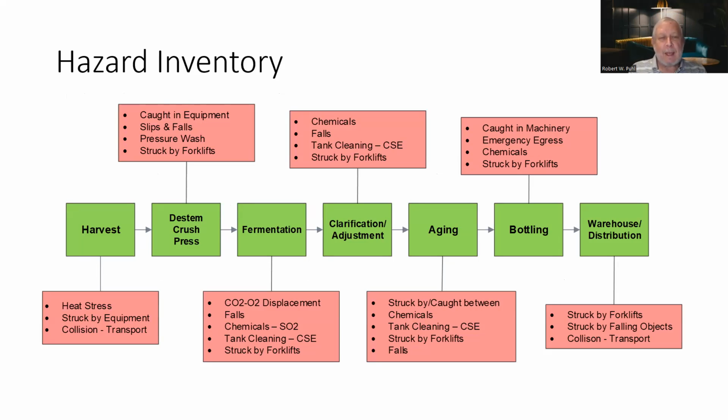Anyhow, you can see that they've identified the hazards for each one of these areas of operations. This is a pretty simple graph. If you're a safety professional, you might think about destem and crush, and see what they have here. They've had some problems with this type of thing. They could have gotten this from previous experience, from walkthroughs, whatever. It doesn't matter.